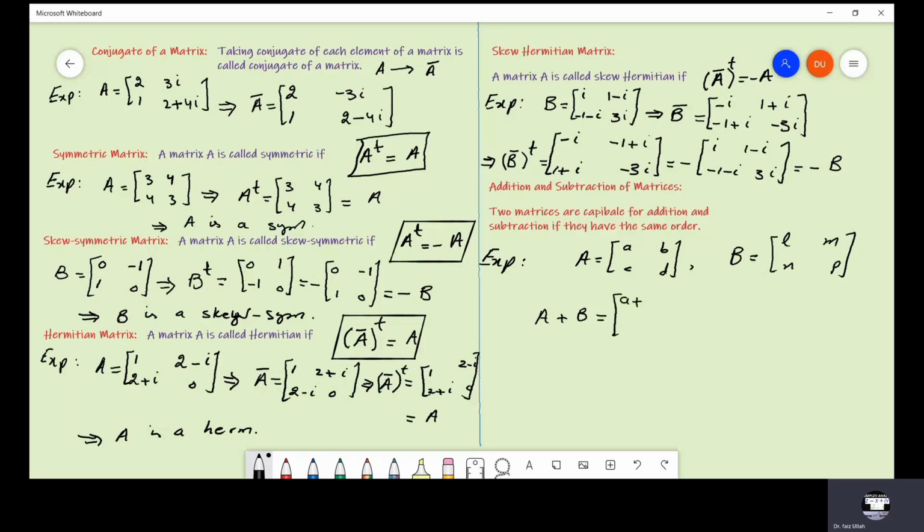The first element with the first, the second with the second, the third with third, the fourth with fourth. So we should add the corresponding elements of matrices. Similarly, to subtract B from A, we must subtract the corresponding elements of B from the corresponding elements of A. Just like A minus L, now B minus M, C minus N, D minus P.